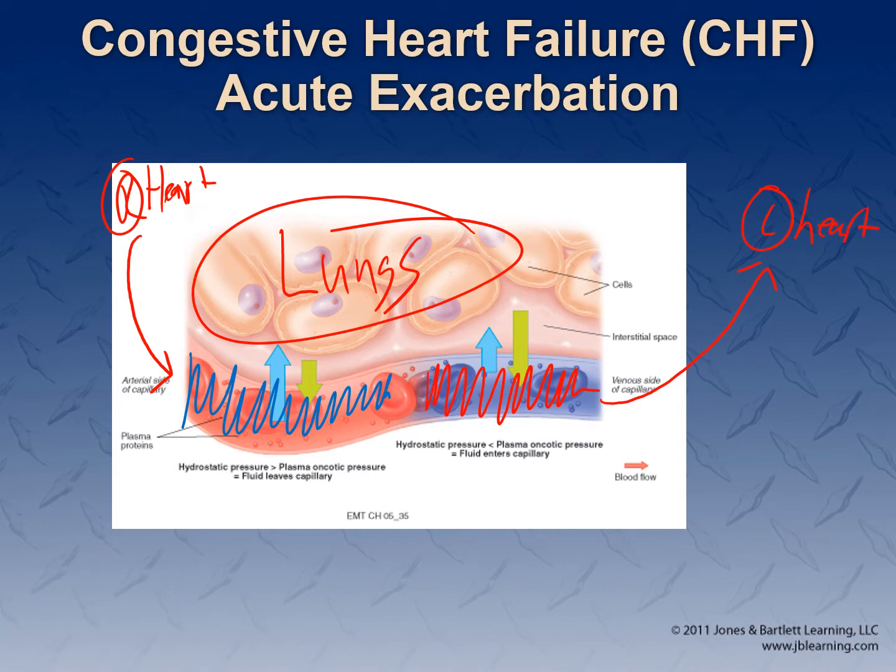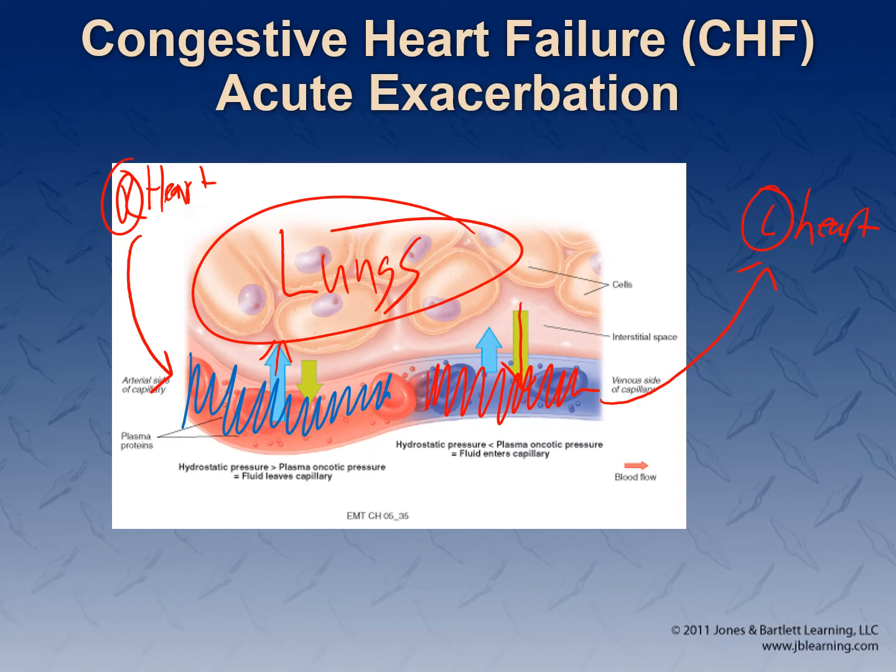And like we talked about in the anatomy and physiology lecture, under normal circumstances, fluid is supposed to move out of the lungs on the artery side due to the hydrostatic pressure, the force of the heart beating, and then it's supposed to get pulled back in on the venous side by the oncotic pressure. So there's low hydrostatic pressure on the venous side.